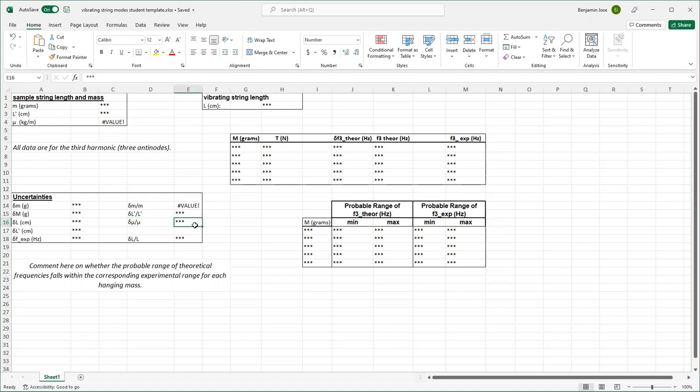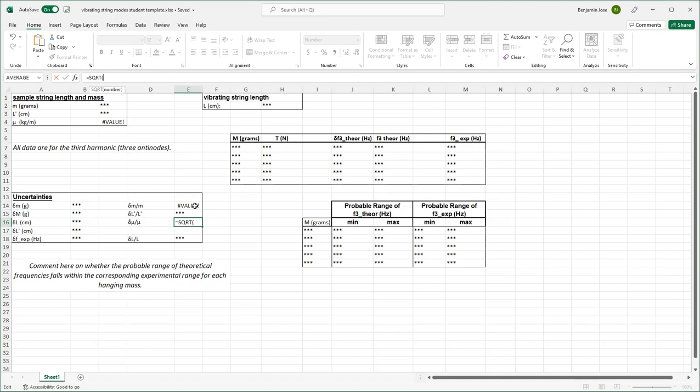So I guess I'll just give this one away here. That's going to be equal to the square root. So I'm adding in quadrature, I'm adding the relative uncertainties of the 2 quantities that go into mass density. When you look at the formula for mass density, it's little m over L prime. And since that's just a quotient, we can use this rule where all you do is add the 2 relative uncertainties in quadrature.